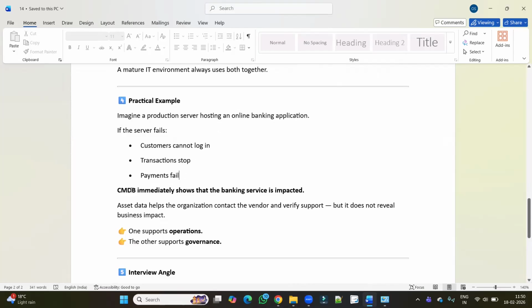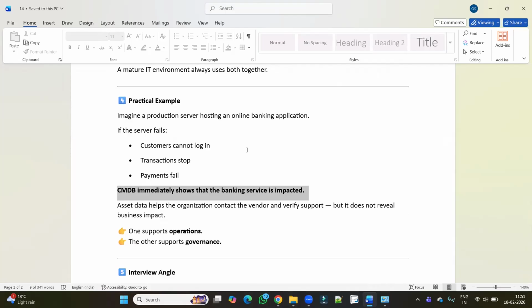So in this case, what do you get from these two aspects? CMDB immediately shows that the banking service is impacted. As soon as the application is down, you can directly go to the application record in CMDB and see what all servers are related to that particular application.